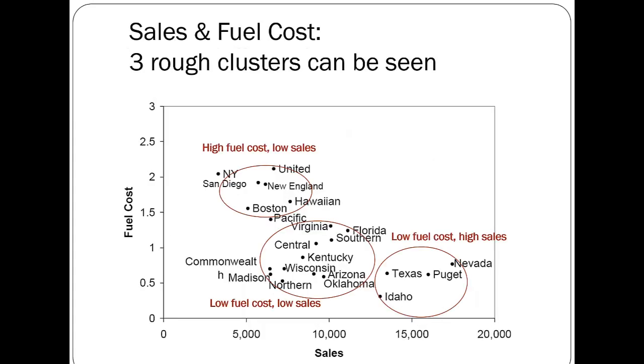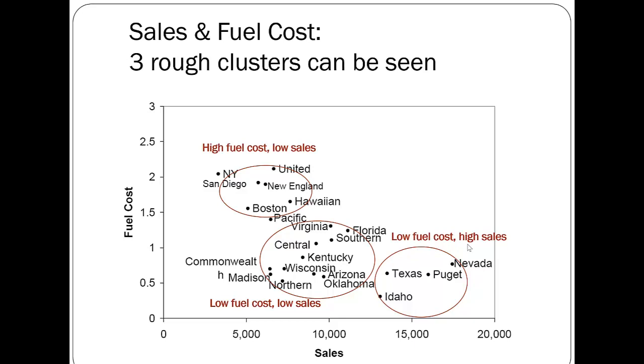For example, if we were to look at sales on the x-axis and fuel costs on the y-axis, we could see that we have one group up here, high fuel cost, low sales. These things are all grouped similarly when it comes to fuel cost and sales. We've got another bigger group here, and then another group here, low fuel cost, high sales.